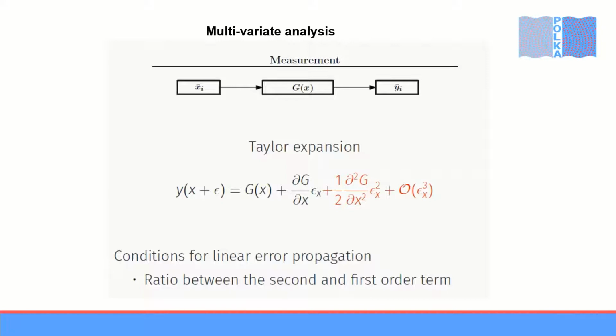This assumes, of course, that the error is rather small, so that the higher order terms, the square and the cubic and so on, can be neglected. So it's only for relatively small errors, but hopefully we want the errors to be small, so it could work for many applications. So it's sort of a linear error propagation.